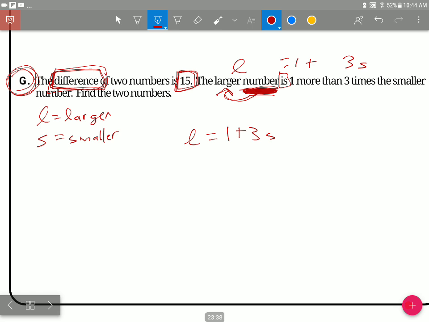Do you think you're adding them, or subtracting them? You're subtracting them. So it's just L minus S equals 15. It's the total if you subtracted them. So like I said, this one has a little bit of a twist to it. That's why I wanted to do it. Okay?